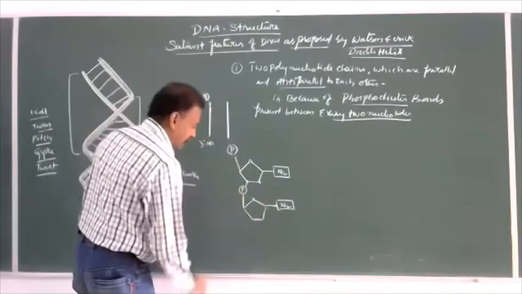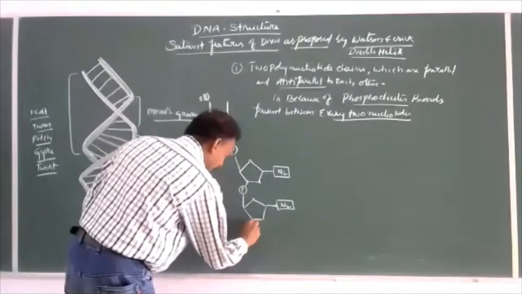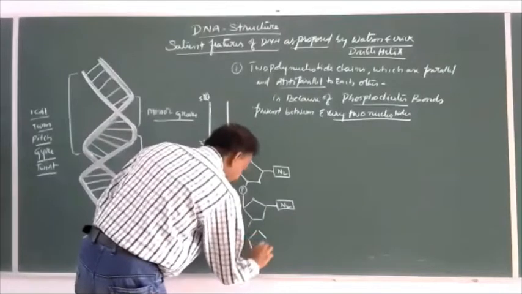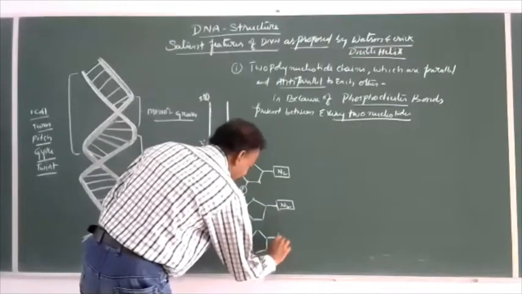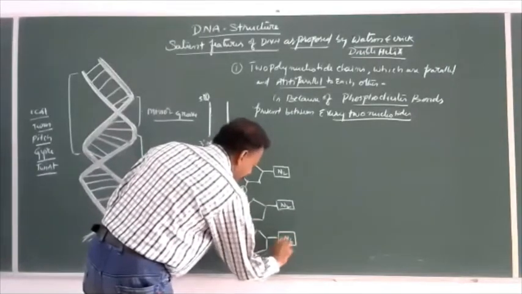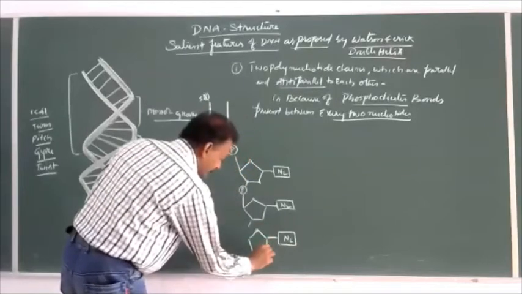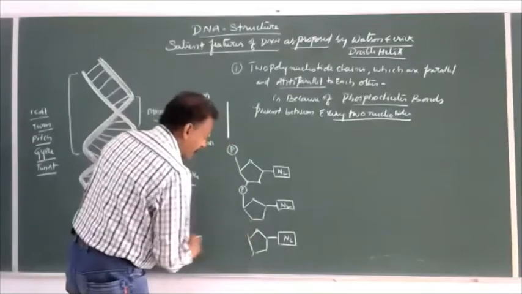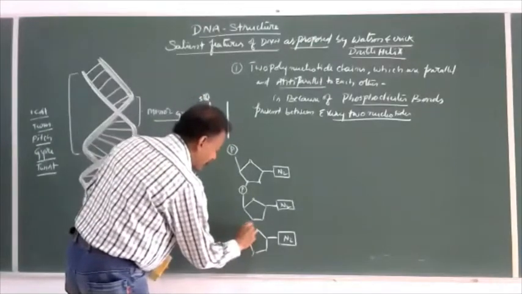Again, this is another nucleotide, and again another nucleotide, with N2 base, second, third, fourth, fifth, and here a phosphodiester bond.